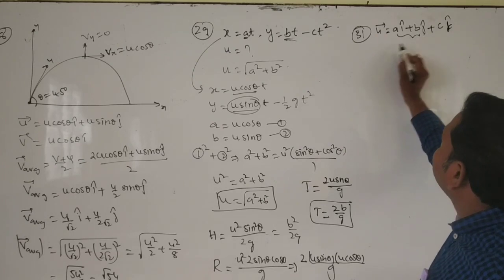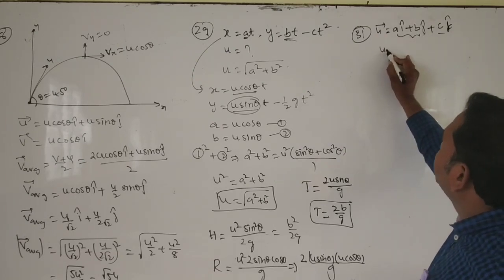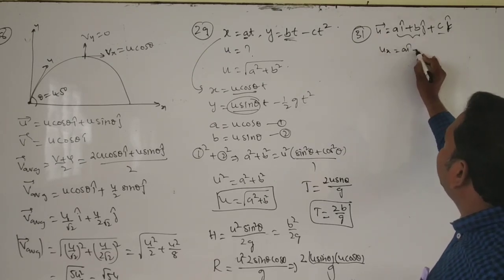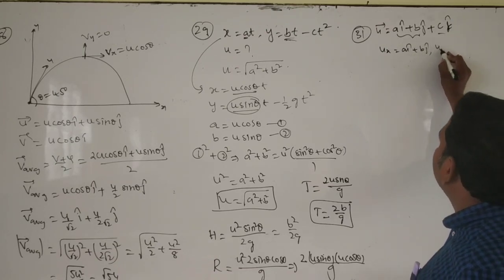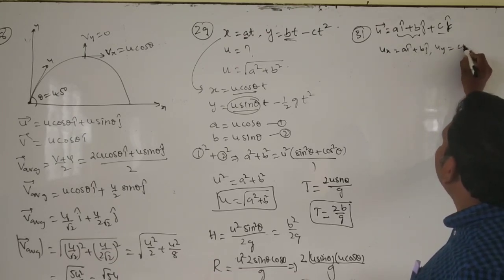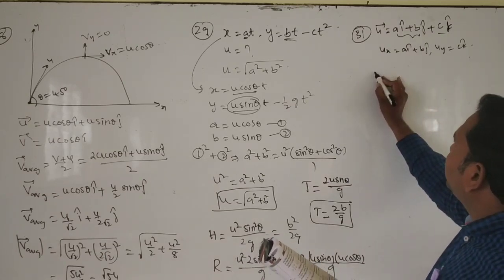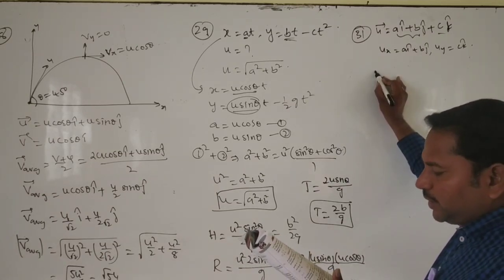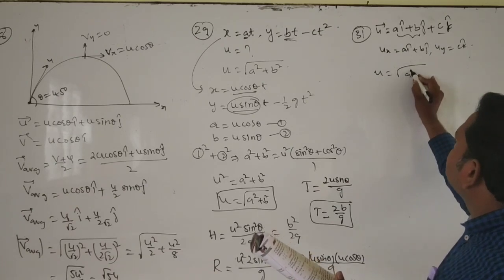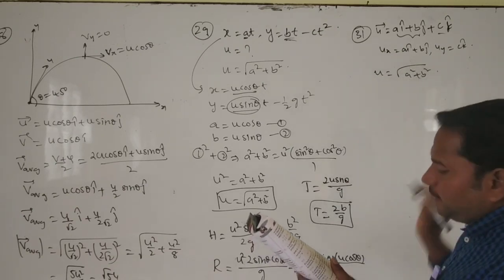We can write ux equals a i cap plus b j cap and uy equals c k cap. So then you can write its component velocities, root over a square plus b square.